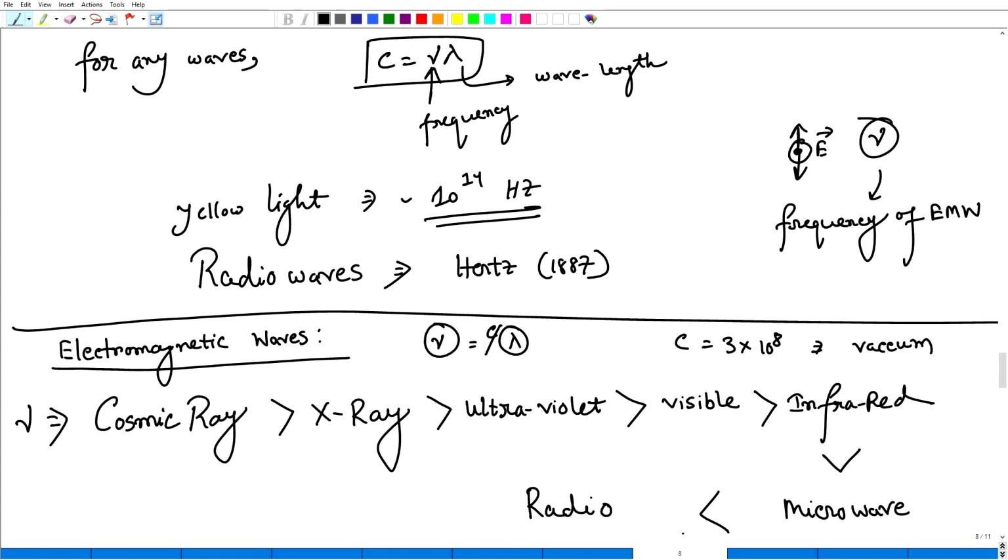For cosmic ray, what is the frequency? Okay, the frequency is around 10 to the power 30 hertz.